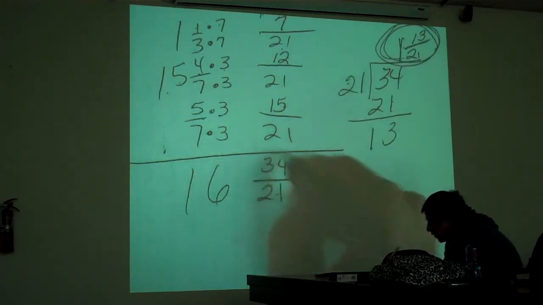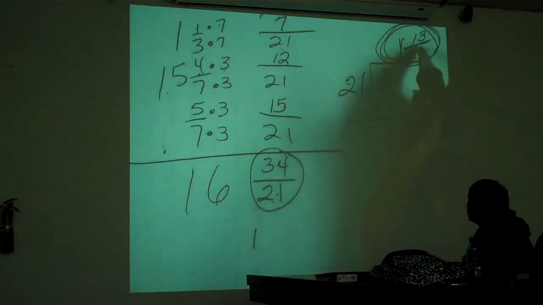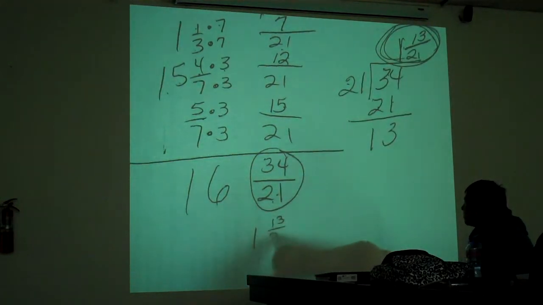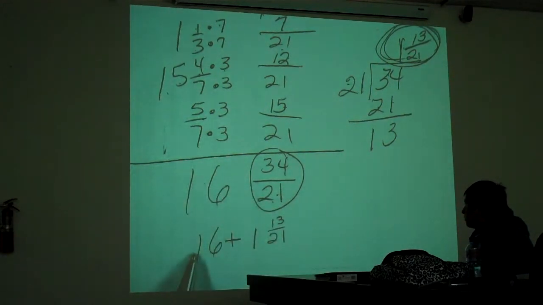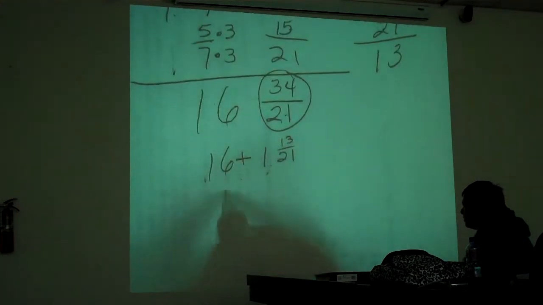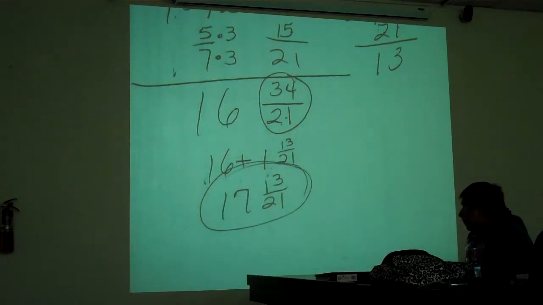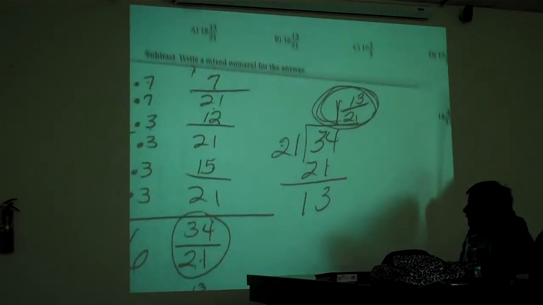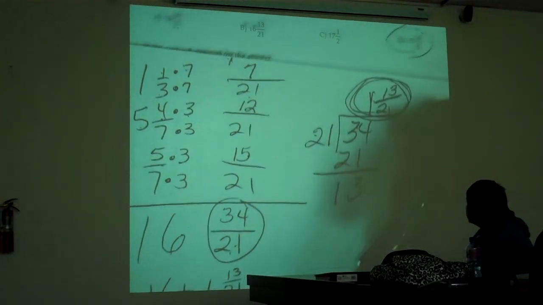So 34 over 21 is 1 and 13 over 21. So we have 16 plus 1 and 13 over 21. So we have 17 and 13 over 21. Okay, so that should be one of our answers, 17 and 13 over 21.